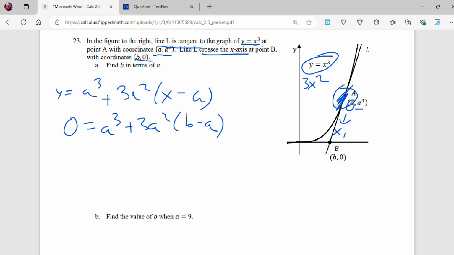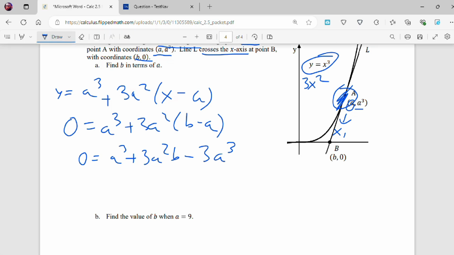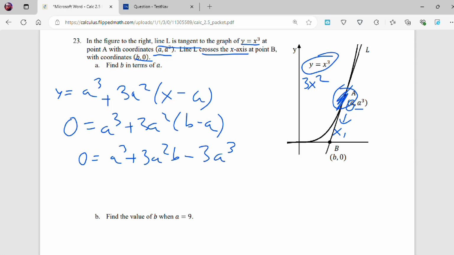Now we are going to distribute: a to the third plus 3a squared b minus 3a cubed.